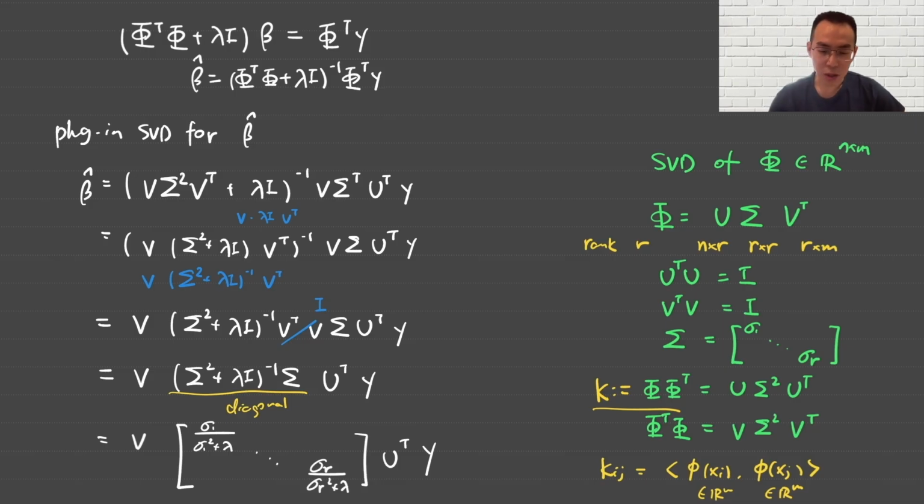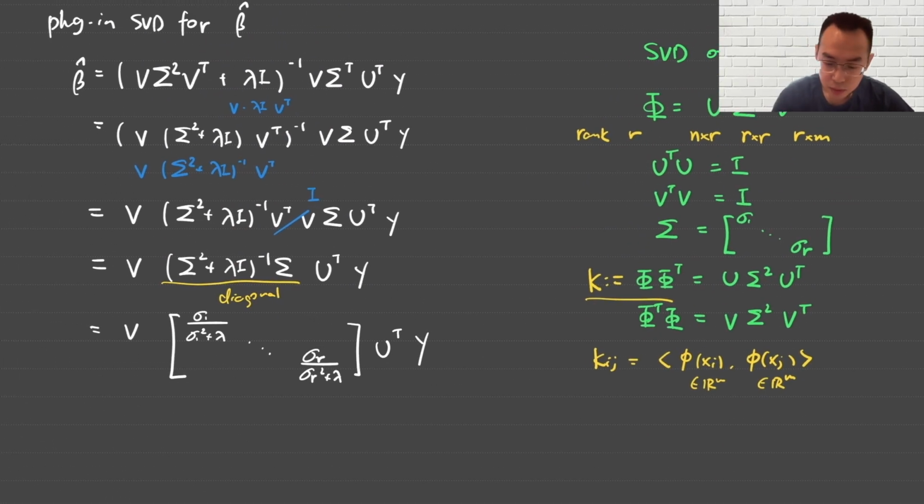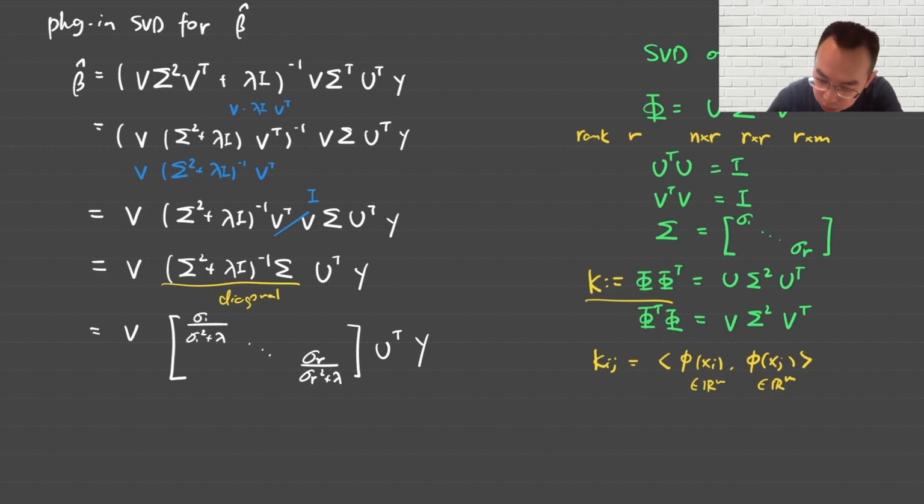From here we can also see the shrinkage of our estimator, and this lambda term is called the shrinkage factor.